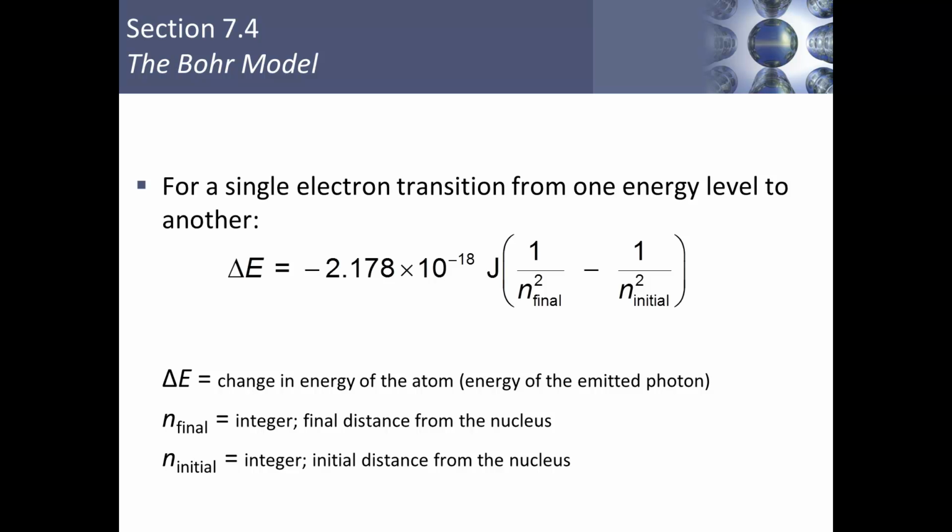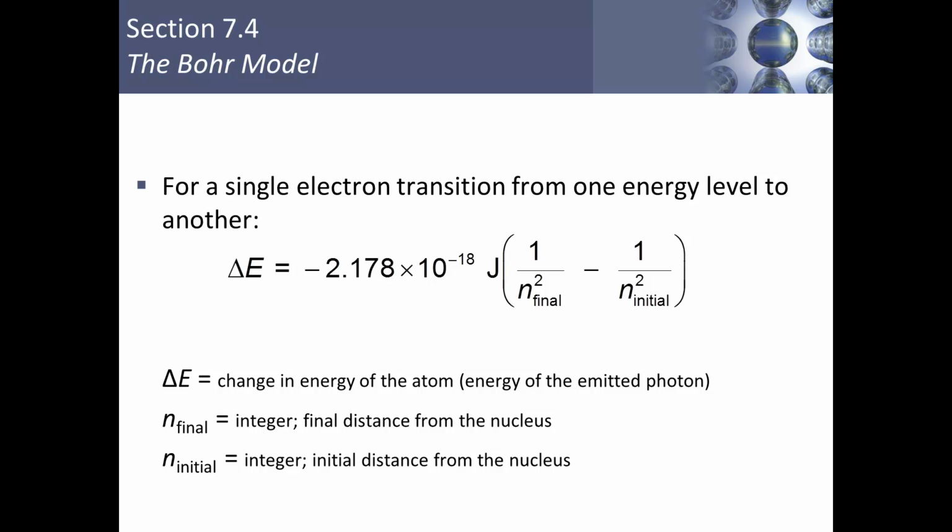For a single electron transition from one energy level to another, the change in energy is equal to minus 2.178 times 10 to the minus 18 joules times the atomic number, which is Z of 1 for hydrogen, over n squared final minus the Z squared value, 1 for hydrogen, over n squared initial.